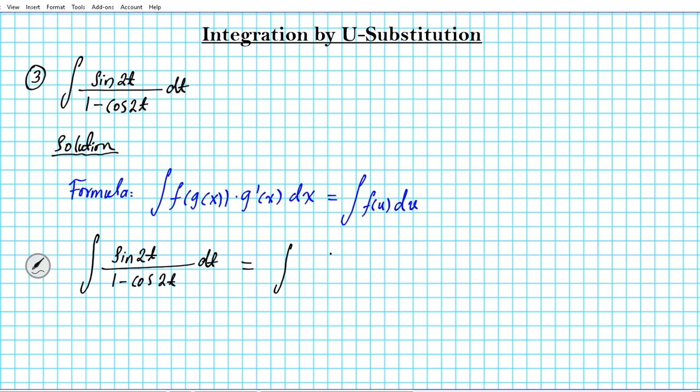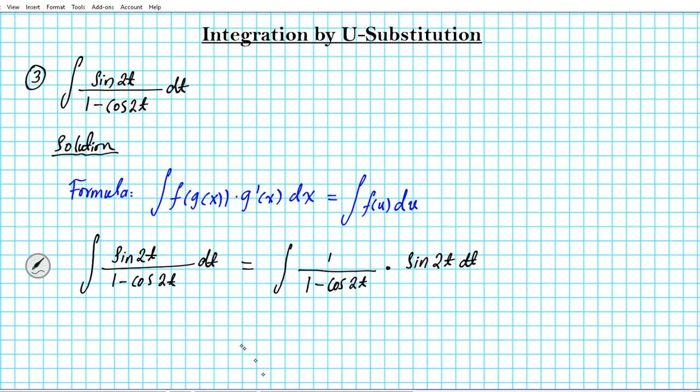The composite function, which is a composition of a rational function, a linear function, and a trigonometric function, is 1 over 1 minus cosine 2t, and then times the derivative of the inner function. So we have sine 2t dt.